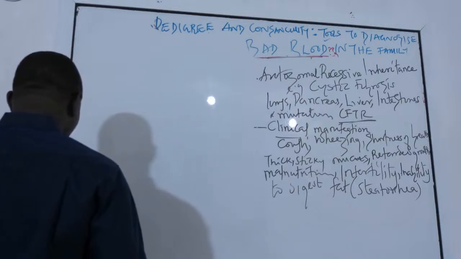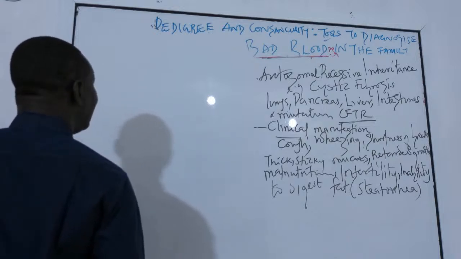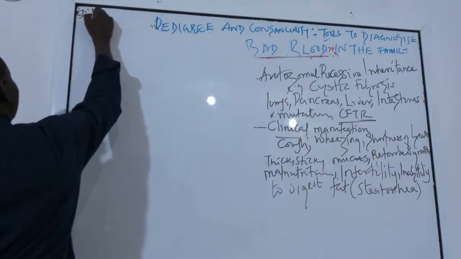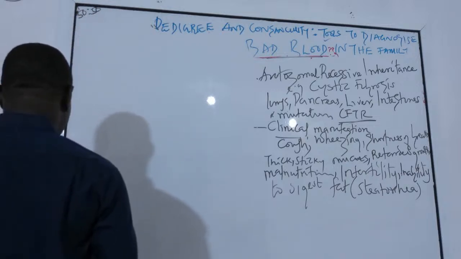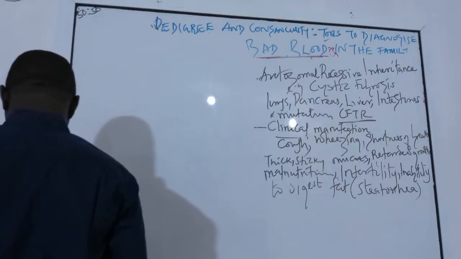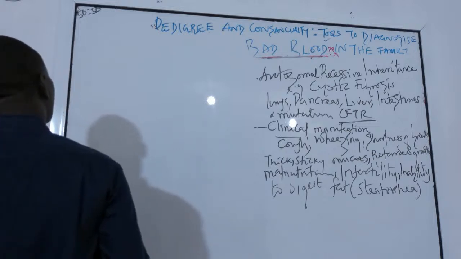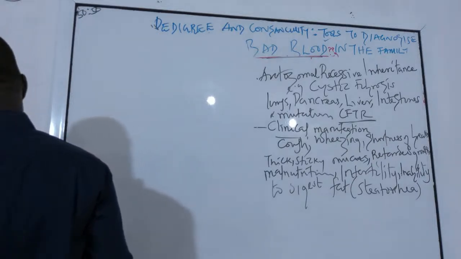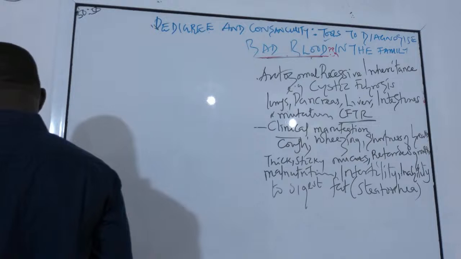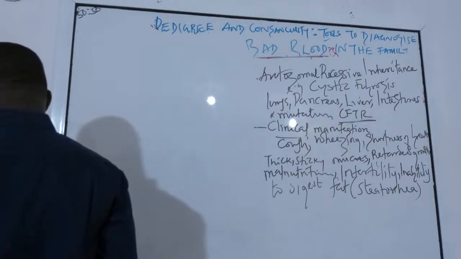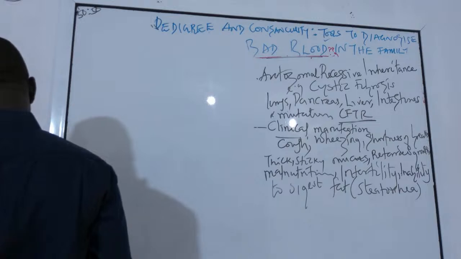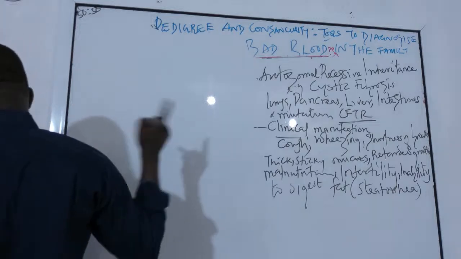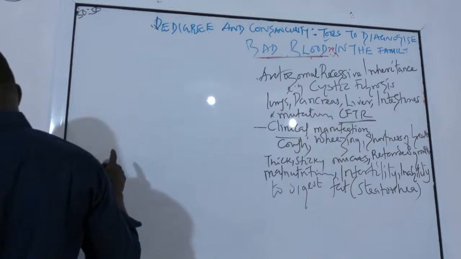Unlike the dominant case, where the chance is 50-50 that the offspring will be affected or unaffected, in this case the condition is caused by defects in the recessive gene.